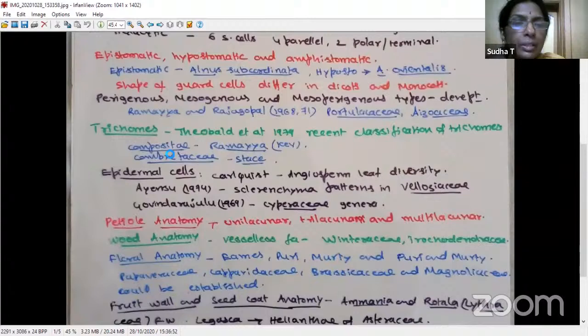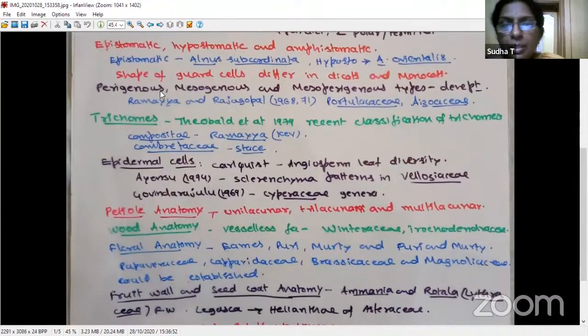Then another thing is about the trichomes. As this is part of the epidermis, anatomical studies here mean not pure anatomy. I told you it is based on the epidermal part only, epidermology. So here the trichomes are going to be very much helpful.